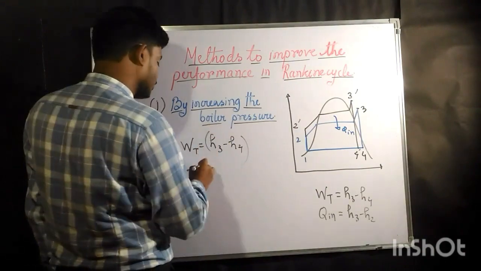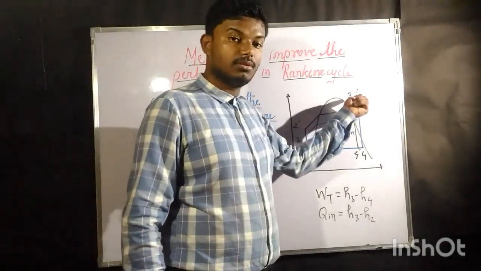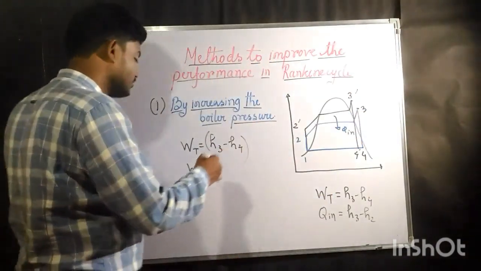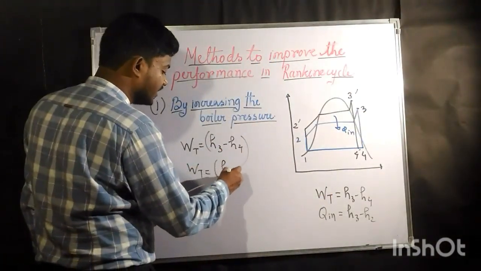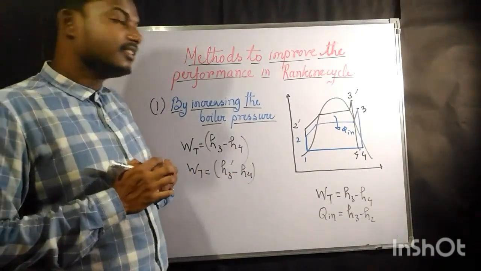And work done by turbine for the second process is going to be H3 dash minus H4.